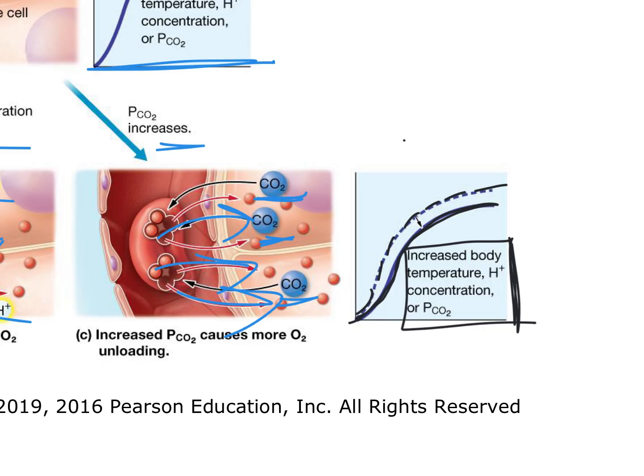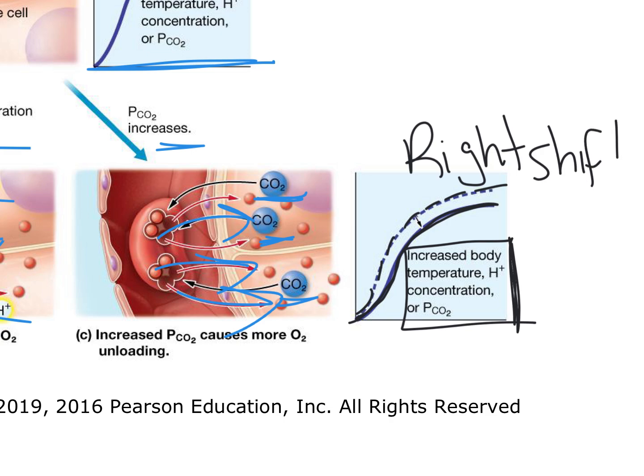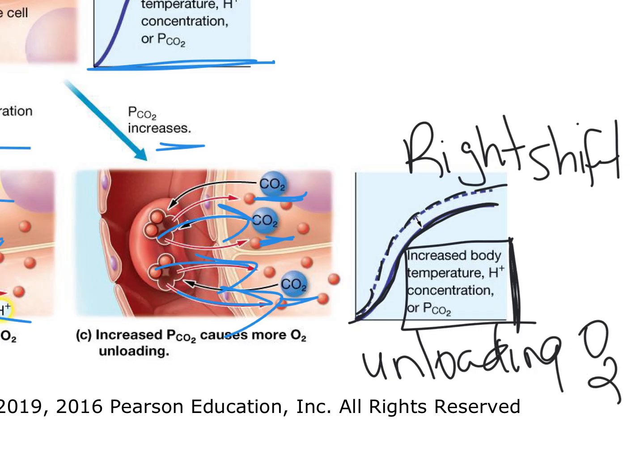And this is a shift to the right. It's called a right shift curve. And this right shift curve is favoring unloading of the oxygen to facilitate the needs of the cells.